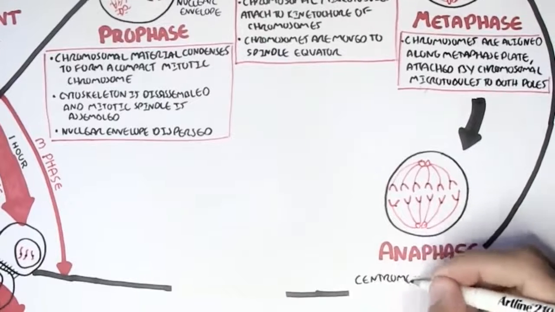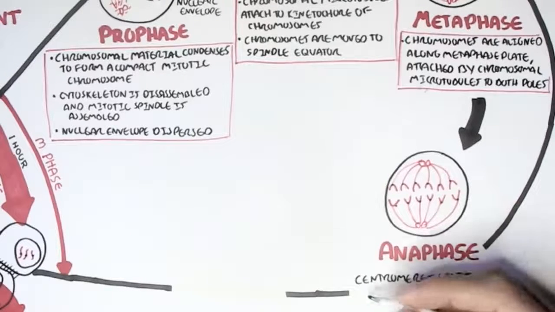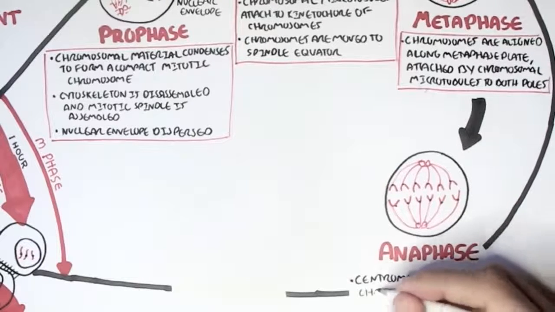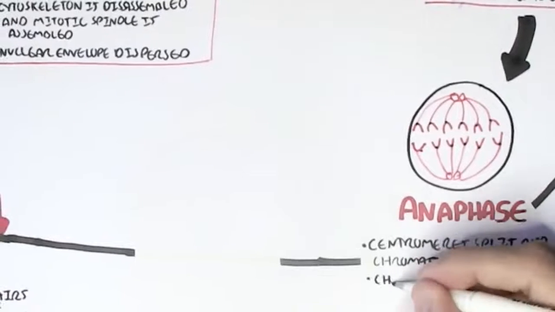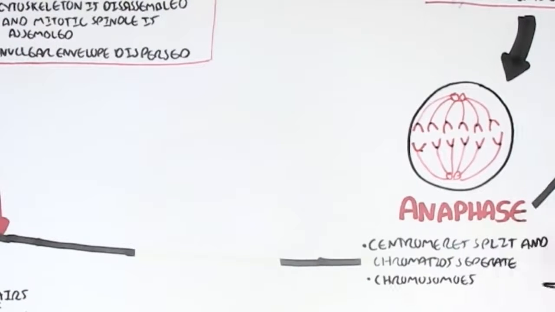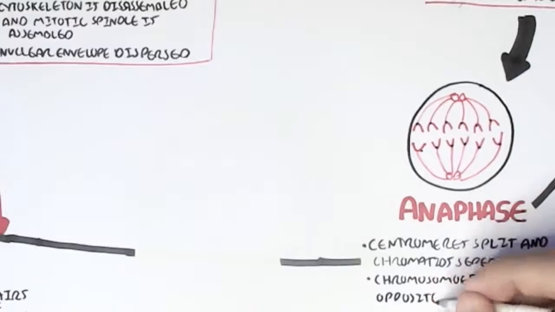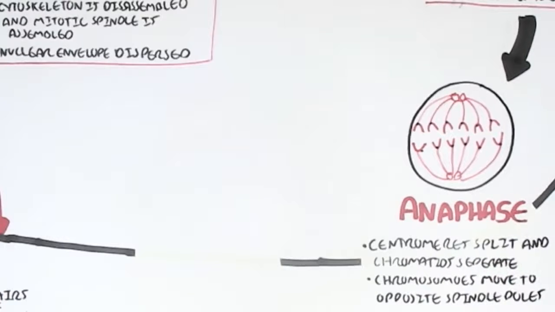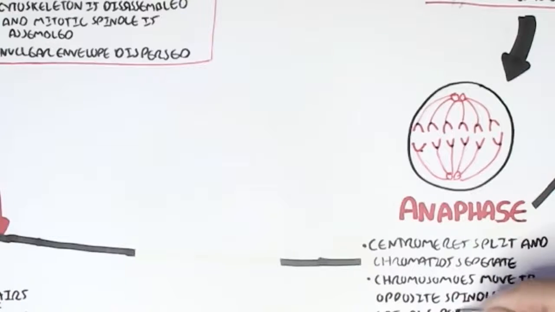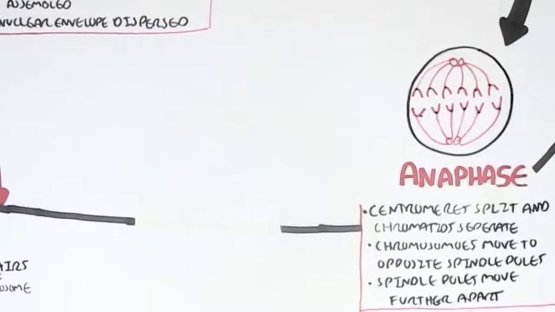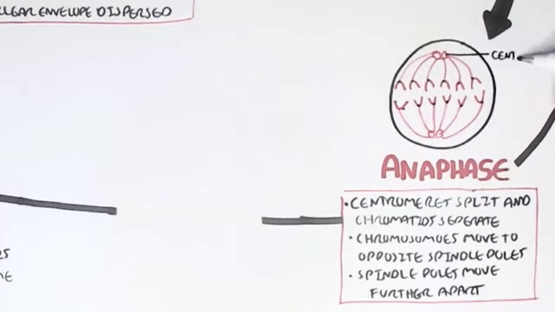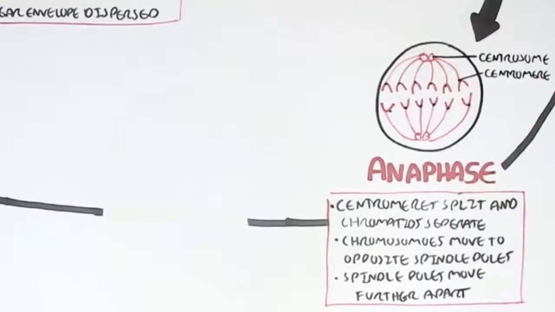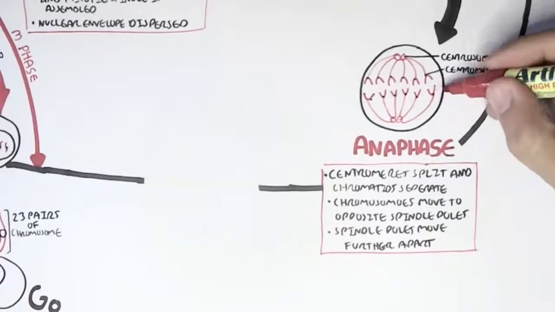In anaphase, the centromeres, which hold the duplicated chromosomes together, will split, and the chromatids will separate. The chromatids will then move to opposite spindle poles. And then the spindle poles will move further apart, ready for division. So just recapping, this is the centrosome and this is the centromere, which previously held the duplicated chromosome.